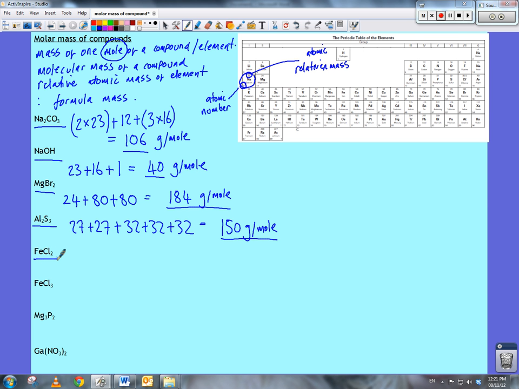FeCl2, or iron 2 chloride. Iron, the transition metal Fe, you'll find it in the middle over here. It's got a mass of 56. 56 plus 2 times 35.5 gives us a mass of 127 grams per mole.